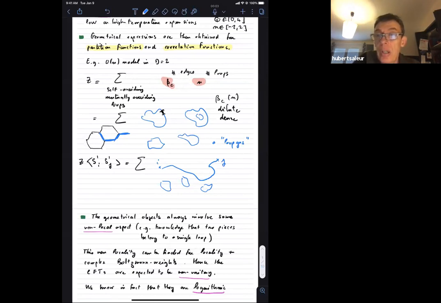It's not totally clear that all the natural observables in the O(N) model for n integer have a nice geometrical interpretation. This is something that might require more discussion, but at this stage, I will not really get into it.